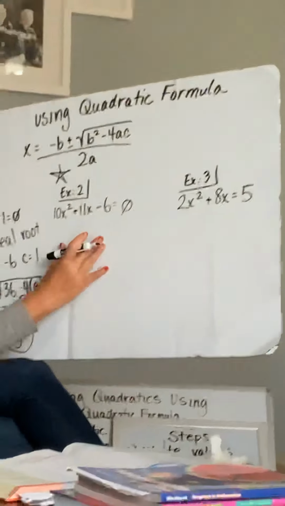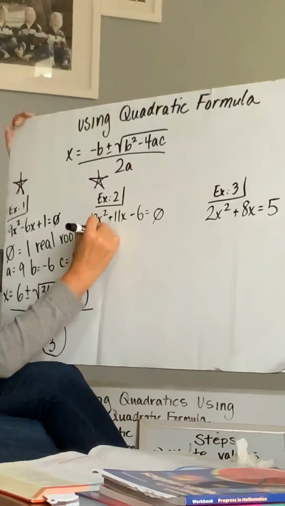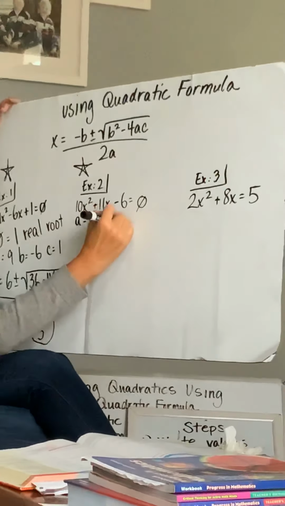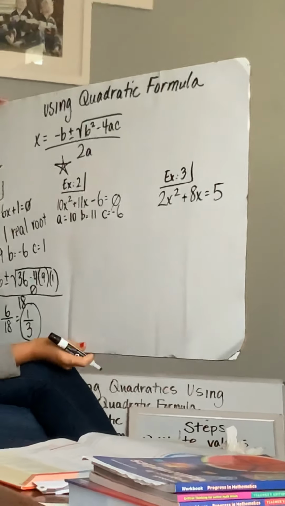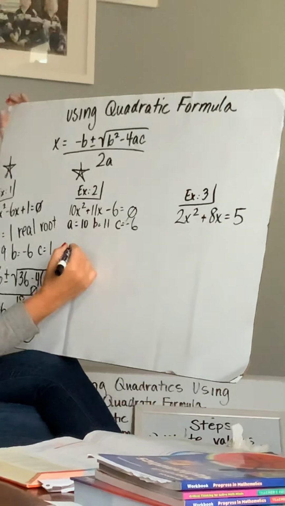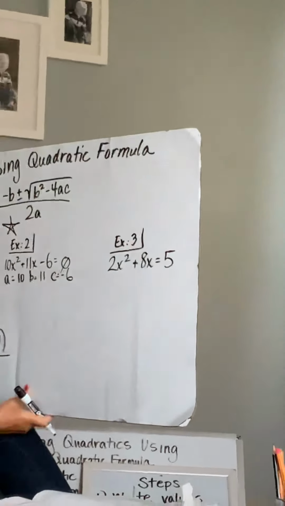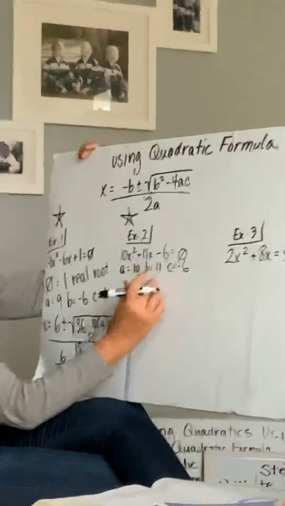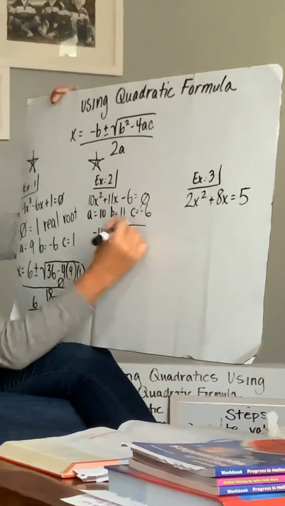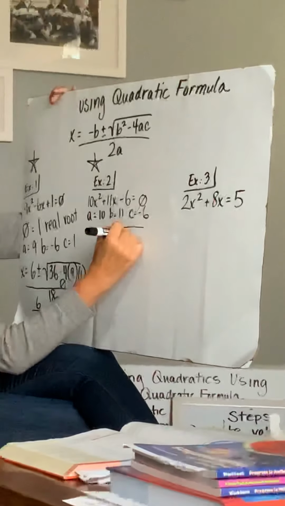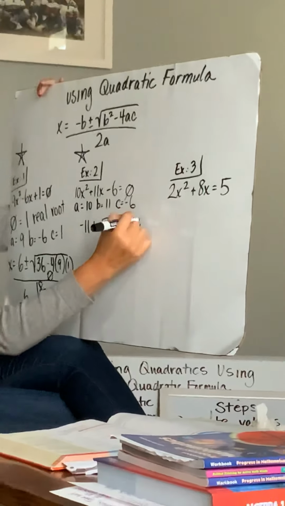Okay, so let's try the second one. All right, so x equals, so let's do our values for a, b, and c. A equals 10, b equals 11, c equals negative 6. Now we did this one, and we know it's going to be two real roots, right? Because it's positive. So let's substitute in. Okay, so opposite of b, so opposite of 11 is negative 11, plus or minus the square root of b squared, which is 121, minus 4 times 10 times negative 6.